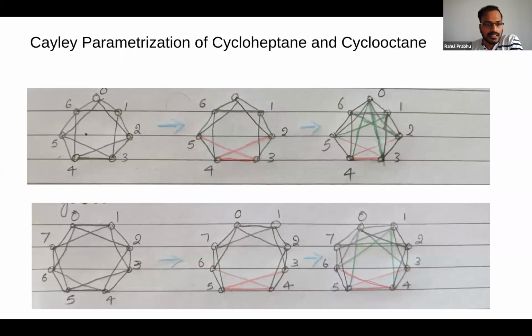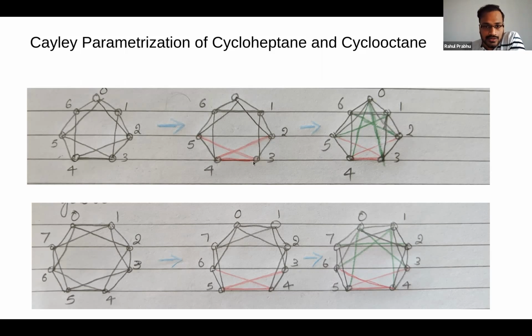So what we do is we drop certain edges. This is the cycloalkane constraint graph that I have. This is cycloheptane, 7 atoms, with edges for bonds and edges for angle constraints and so on. What I do here is drop these 3 edges that I've shown in red.